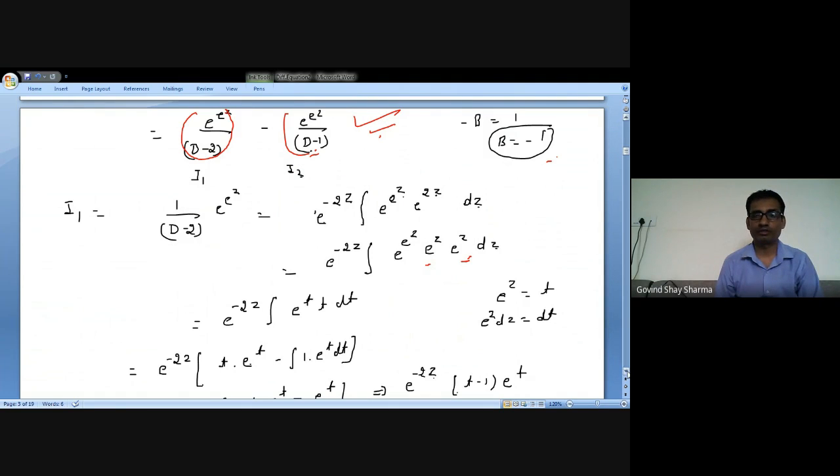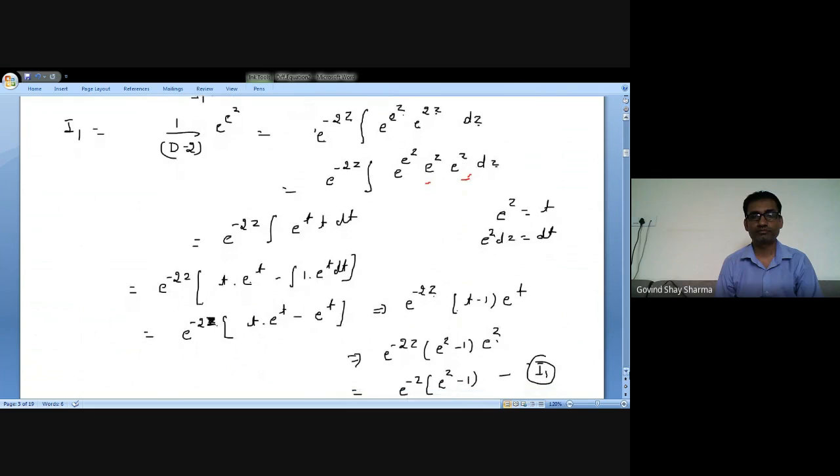Now integrate both terms by parts, or we can say by ILATE. We take first and second: first as it is, second integration minus integration of first derivative times second integration. Now again we get this, and put the value of e to power t. Putting the value of t, we will get the solution.